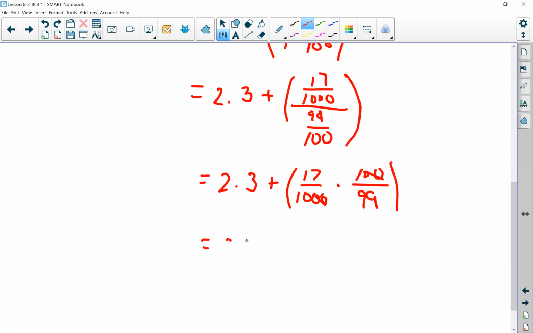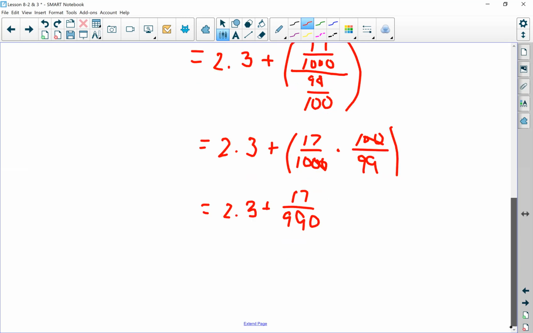This would be 2.3 plus 17 over 990. Now, the nice thing is, at this point, you could cheat a little bit and use your graphing calculator.